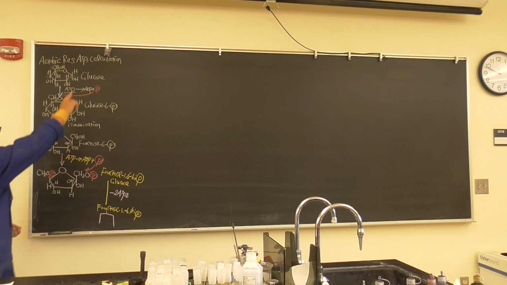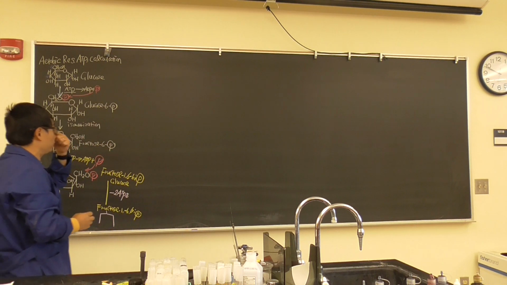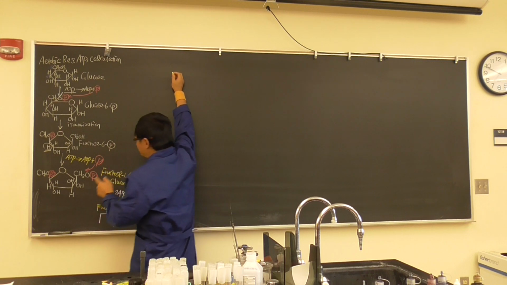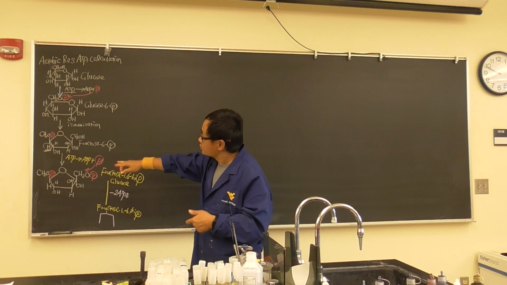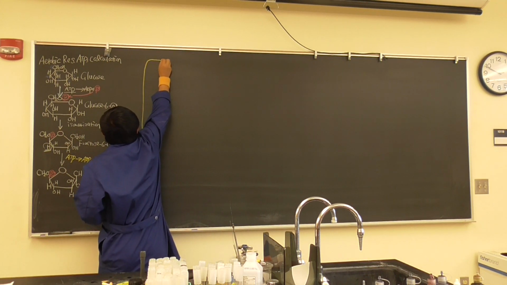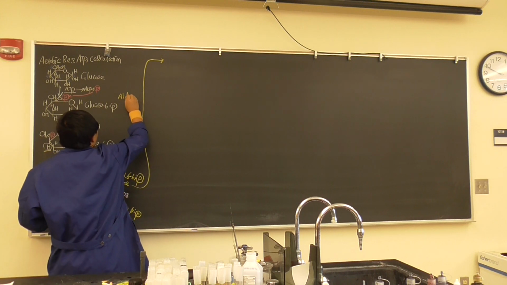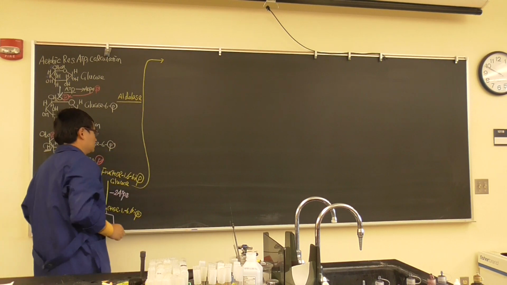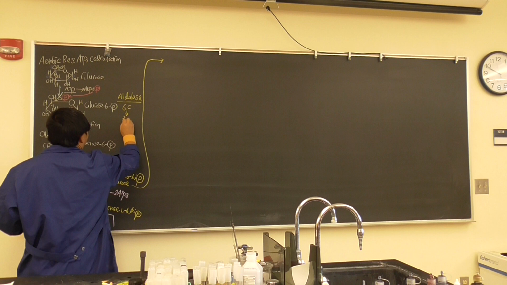So let's draw on the top. Fructose 1,6-biphosphate goes here. A 6 carbon sugar becomes 3 carbon sugar. So you know the enzyme here is called aldolase. 6 carbon becomes 3 carbon.